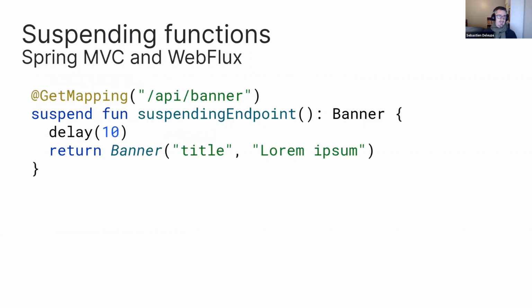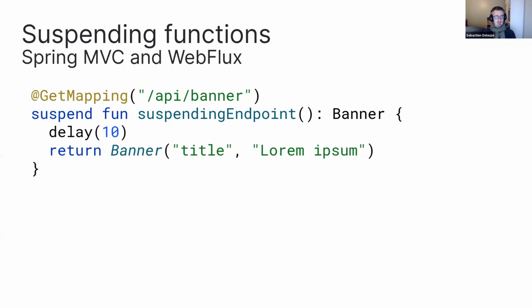So, a concrete example. Here we have a GetMapping annotation on the suspending endpoint. And you see we are just adding this suspend keyword, which basically means that this method can be suspended.